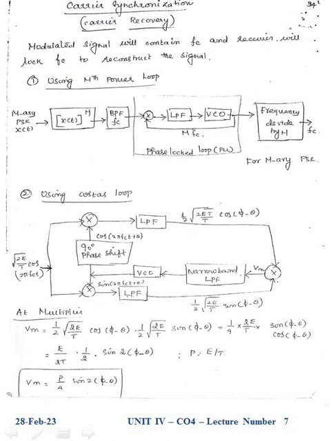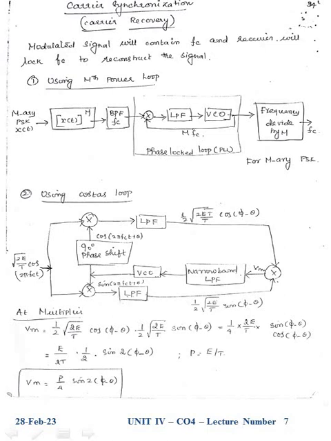Here carrier synchronization is similar to coherent detector synchronization, whereas the only difference is we are not directly applying the carrier signals at the receiver side. Instead of that, we are going to reproduce or recover the corresponding carrier frequency by the system itself.